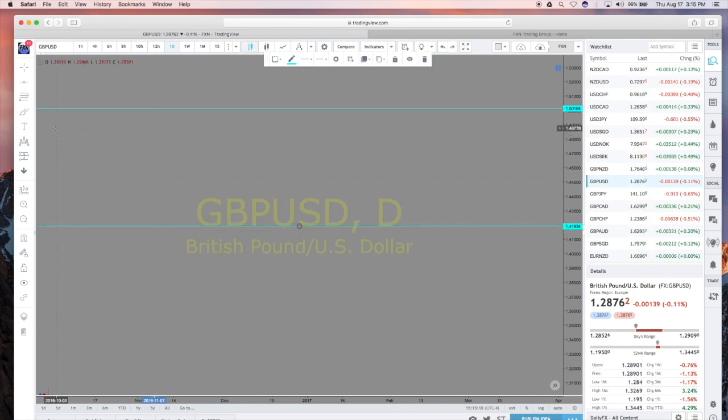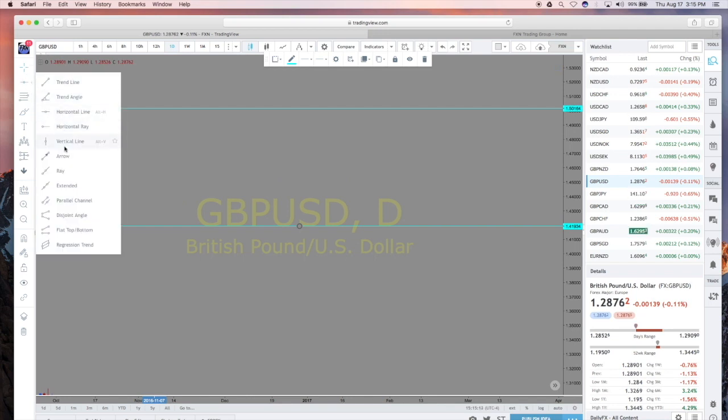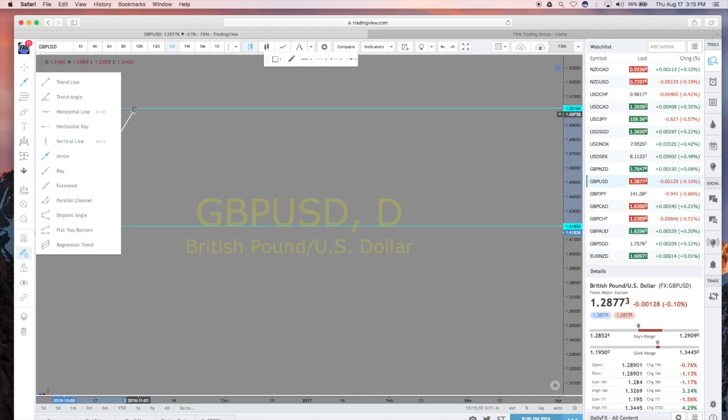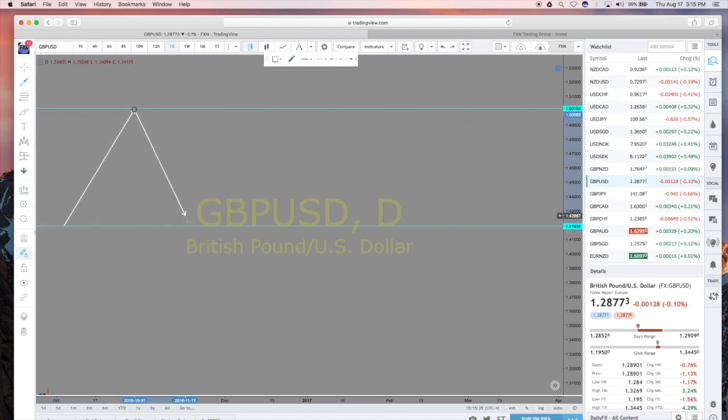Support and resistance is basically as price is moving from support to resistance, and then from resistance back over to support, like this.